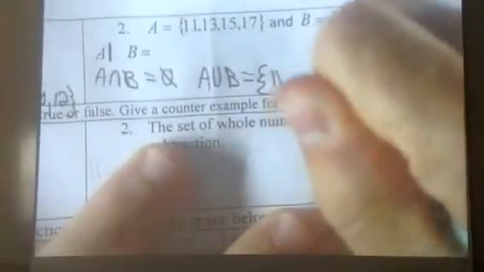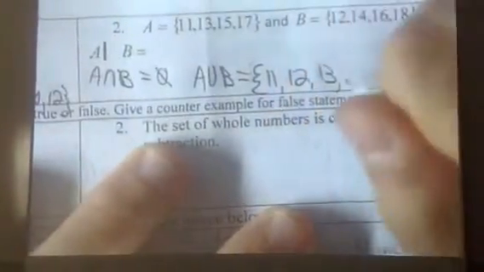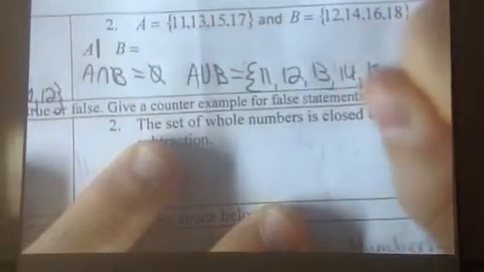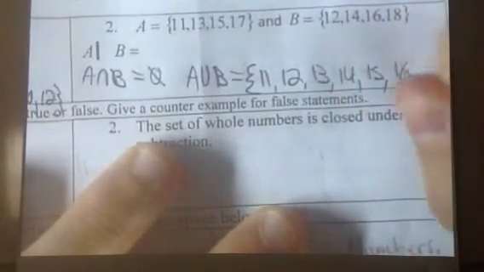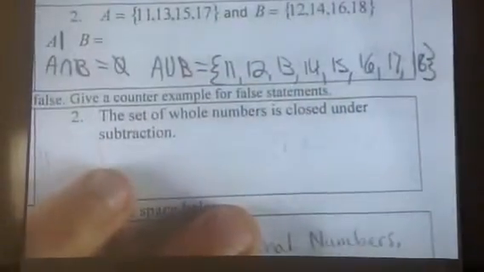Well, again, I just go from the least to greatest and list all of these numbers. So I go 11, 12, 13, 14, 15, 16, 17, 18. If it's in either one of those, then it's in the union. If it's in both, it's in the intersection.